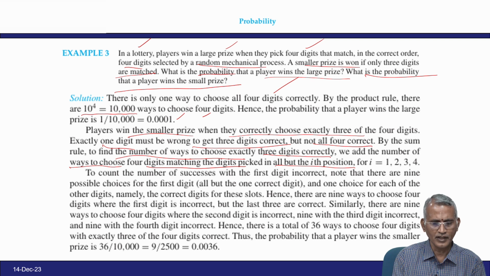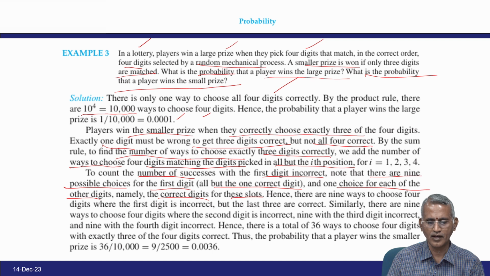To count the number of successes, if the first digit is incorrect, there are 9 possible choices for the first digit, all but the one correct digit, and one choice for each of the other digits, namely the correct digits for these slots. Hence, there are 9 ways to choose the 4 digits where the first digit is incorrect but the last 3 are correct.